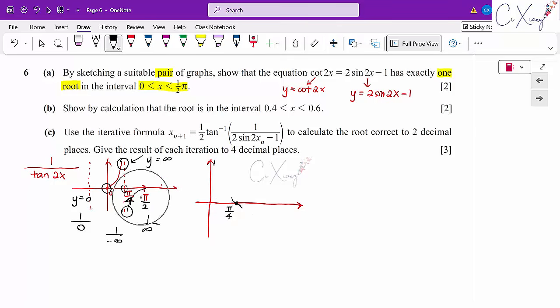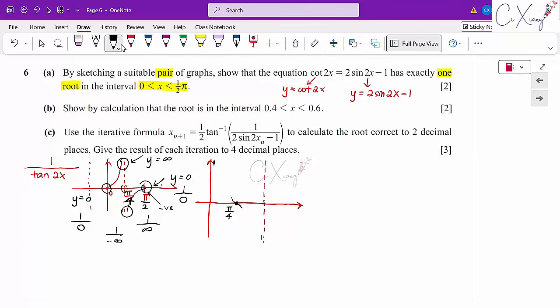And after that, for pi over 2, you can see that at this point here, y is equal to 0. So try to imagine, if you take 1 divided by 0, you'll get a very, very large value, and it is approached from the negative side. Which means that if you draw the infinity, it will be going to the negative infinity side, which is this one.